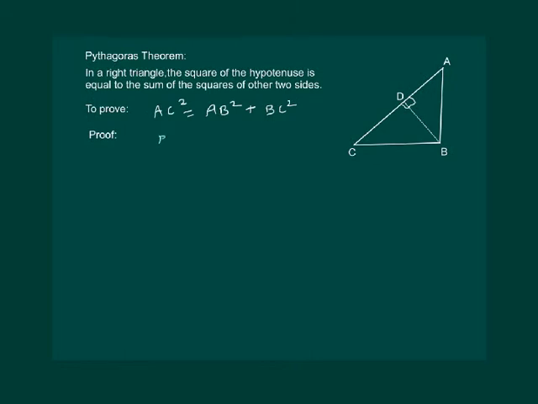We have BD perpendicular to AC. Also from the previous theorem, we have triangle ADB is similar to triangle ABC by the theorem.